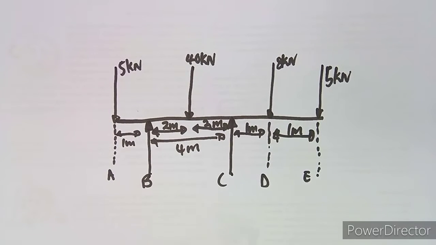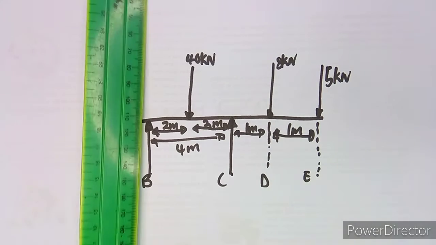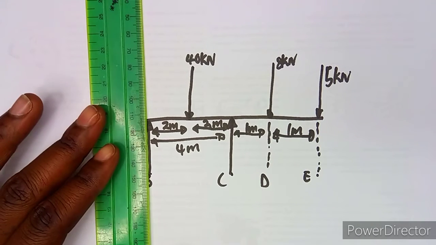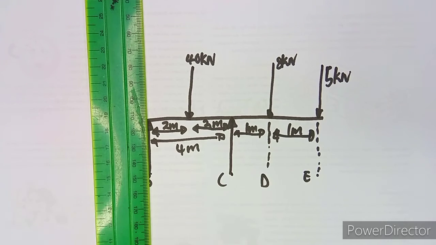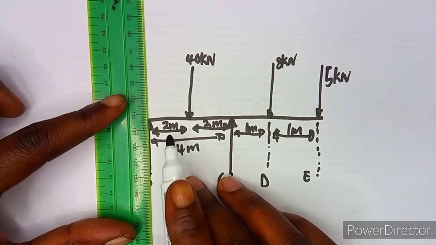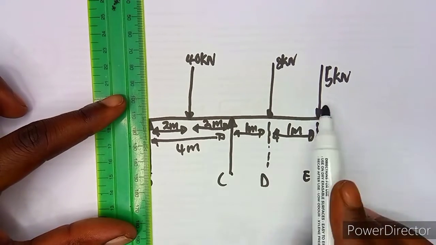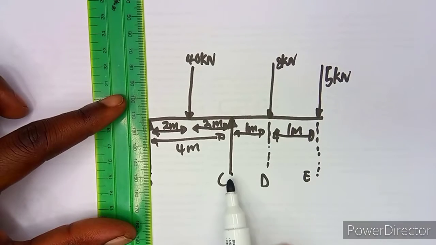In the previous class, I explained that when you're taking moments about the point B, let me just indicate this, this is your B. So you're going to close this part with B. We can take moments from these forces which are on the other side of C, which is this C here.